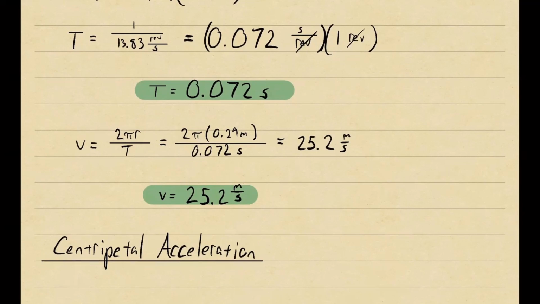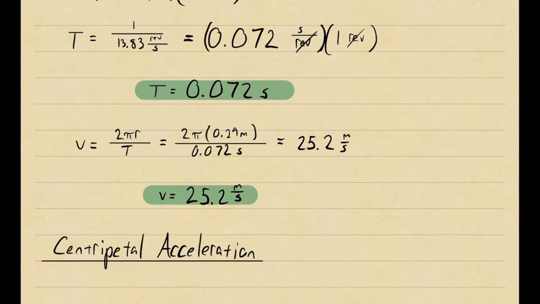Even though the object is traveling around the circle with the same speed, which you can think of as the same magnitude of velocity, the direction of the velocity is changing. How else could this thing move in a circle? So there must be some acceleration present in order to keep the object moving in a circle. And we call this acceleration the centripetal acceleration.